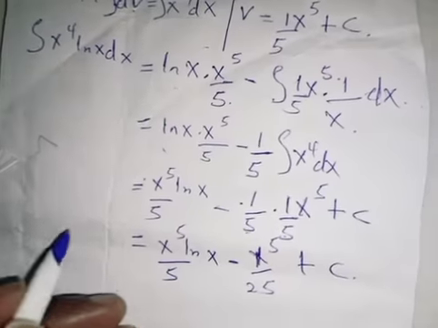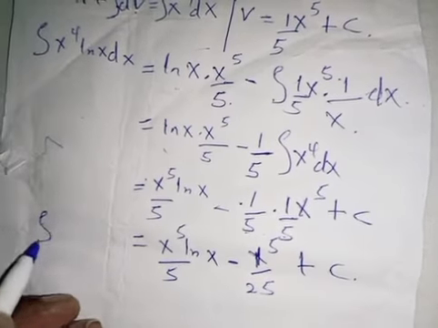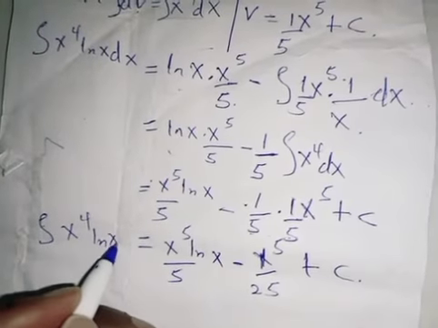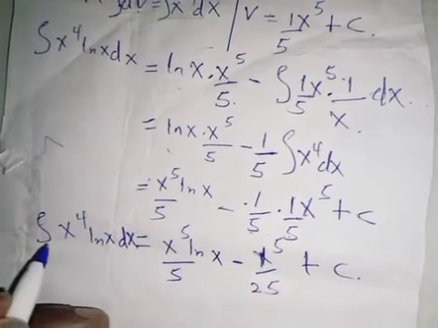So that is the result of the integral of x power 4 ln of x dx.